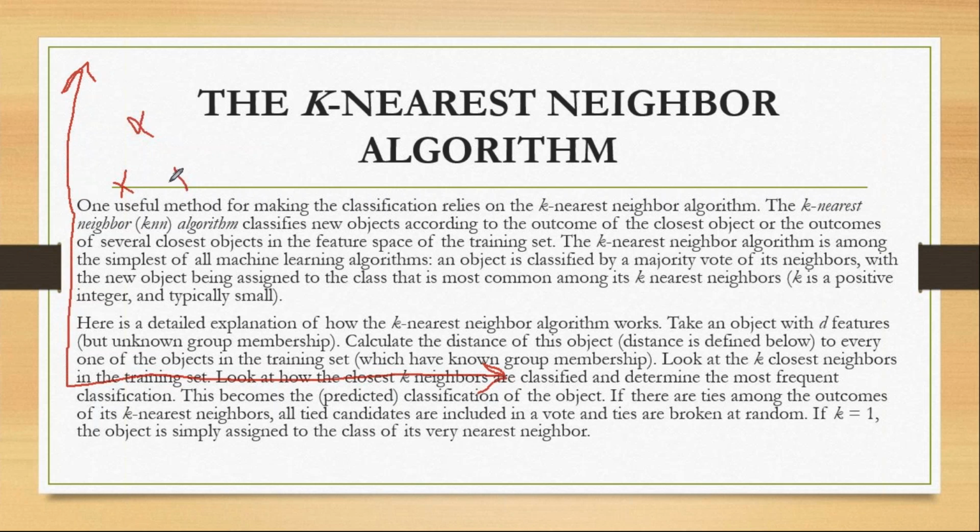Plus denotes one kind, and cross denotes the other kind. Now suppose a new out of bag sample comes in, and the point for that sample is somewhere here. This is a 0, which denotes the new sample.